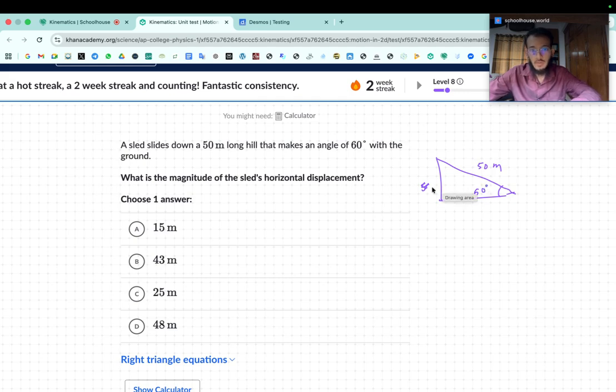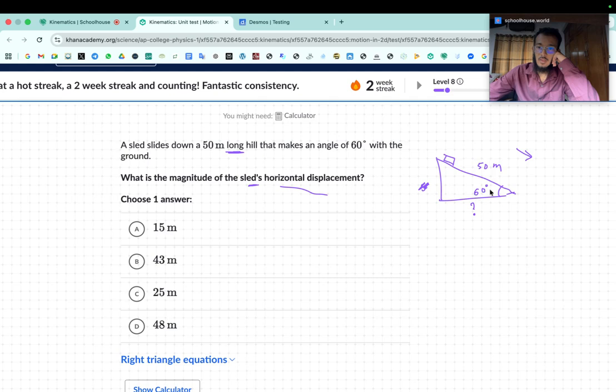What is the magnitude of the sled's horizontal displacement? This thing.